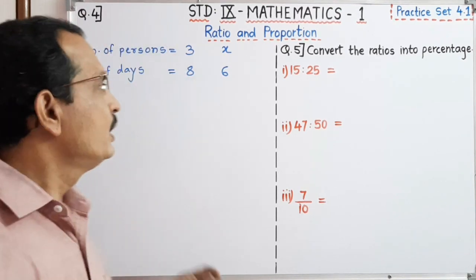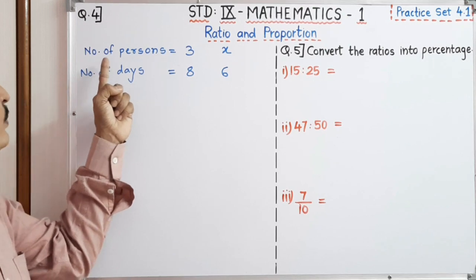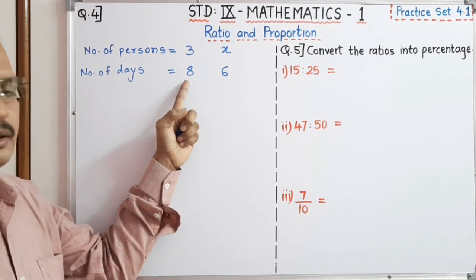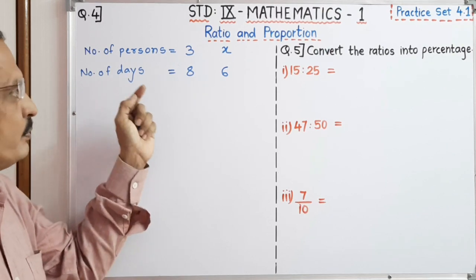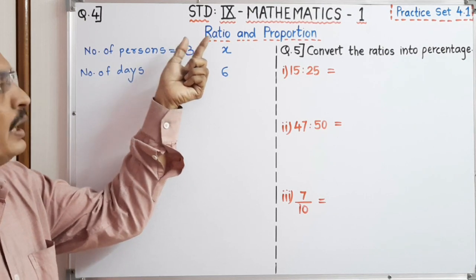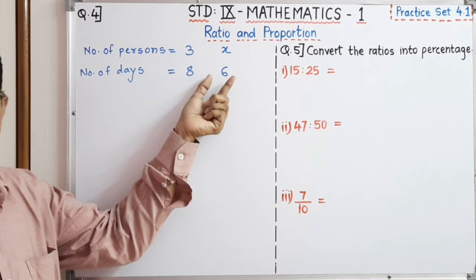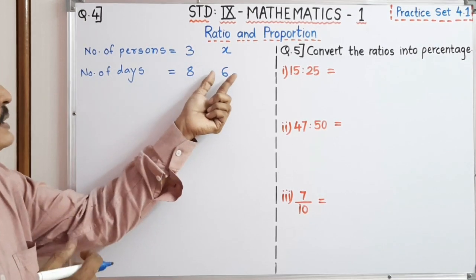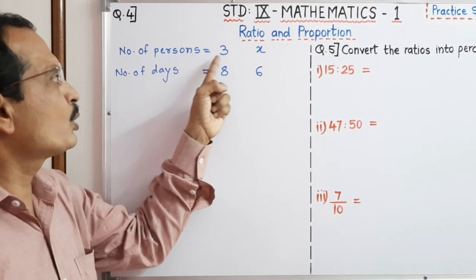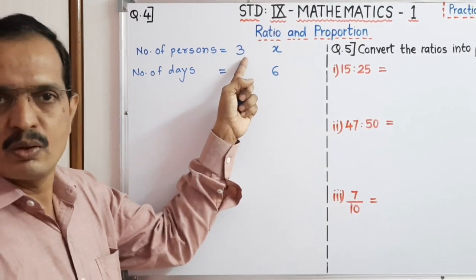We know that. Now dear students, see, if the number of persons is 3, then the required days to complete it is 8. Days decrease, that means in 6 days we have to complete it, so we must require a number of persons more than 3. Got it?